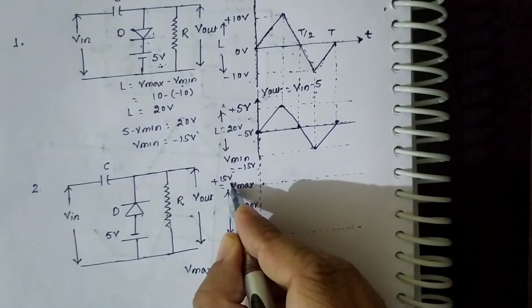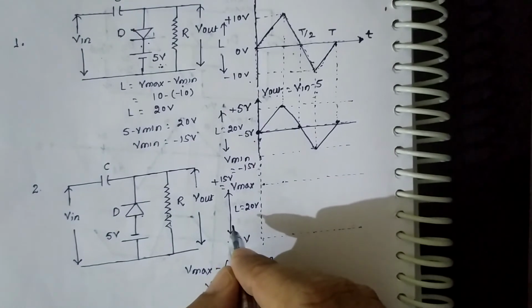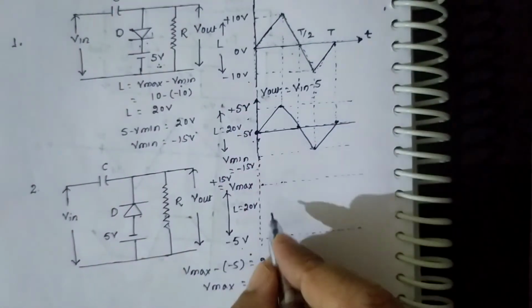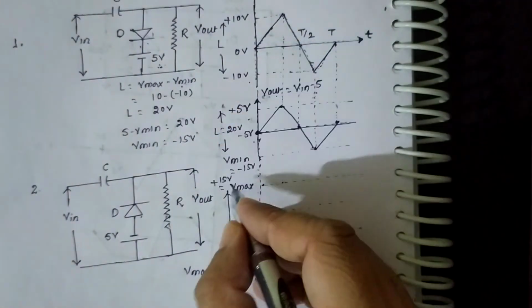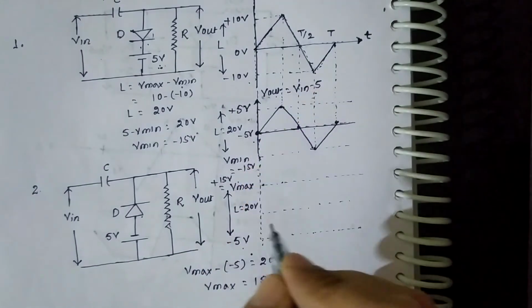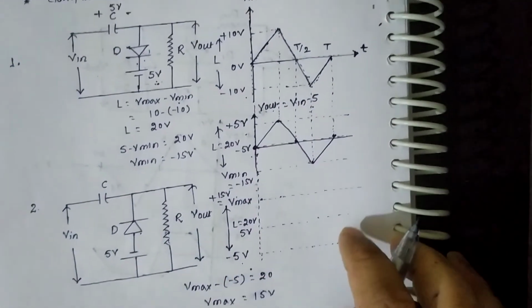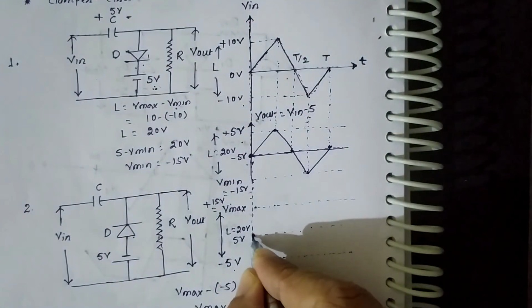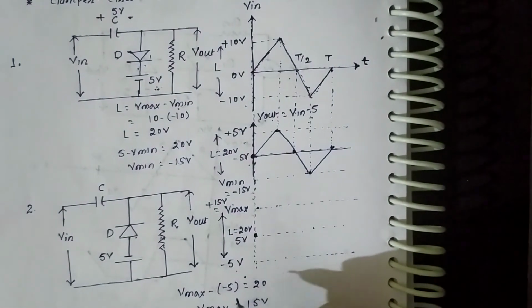It means how much DC is added with the input? Plus 5 volt. So I can say this 0 is also shifted to plus 5 volt. If plus 10 is shifted to plus 15, then 0 is also shifted to plus 5. So the input of 0 voltage will be at plus 5 volt at the output.